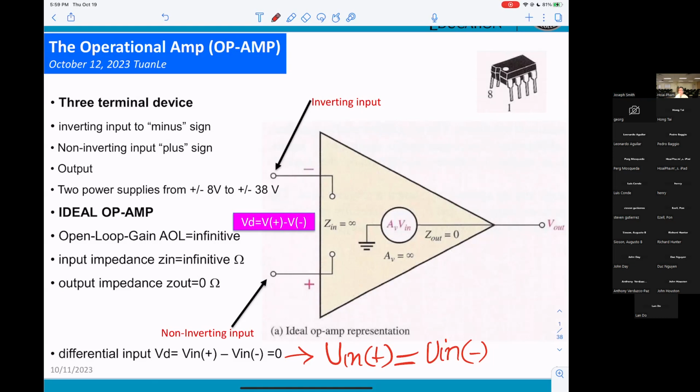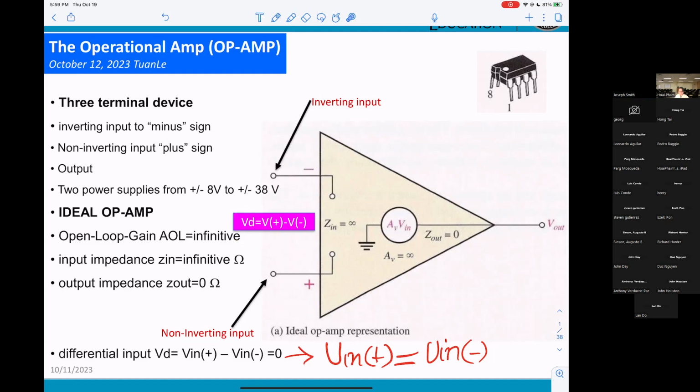They want it to be 0 all the time. That's only telling you the voltage at the positive and the voltage at the negative will be equal. Here they say VD equals V at positive minus V at negative, also equal to 0. That's what you must memorize. It's very, very basic.